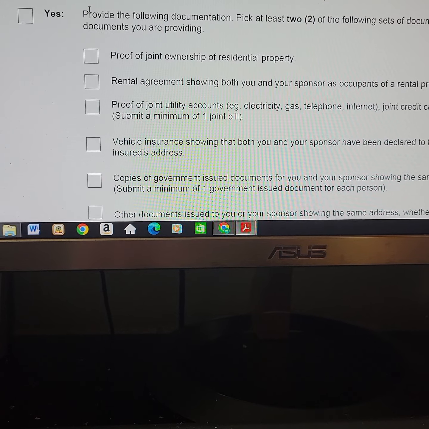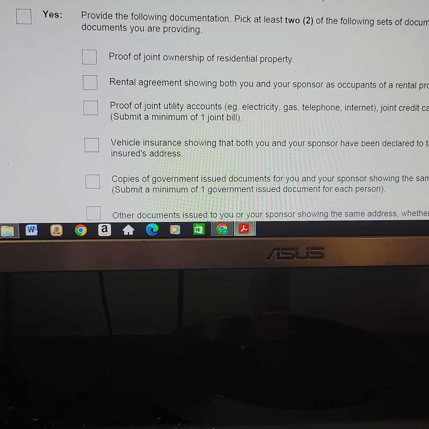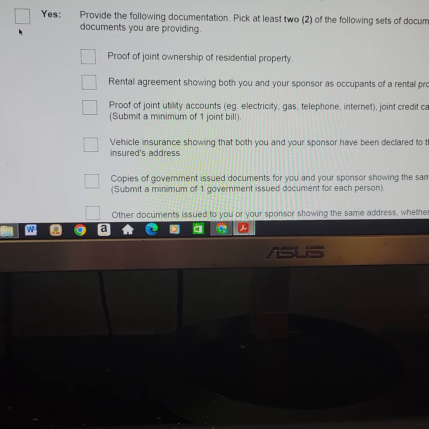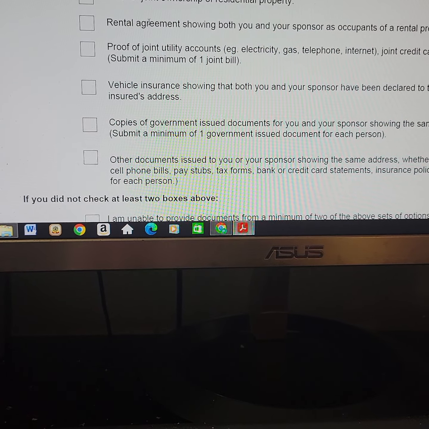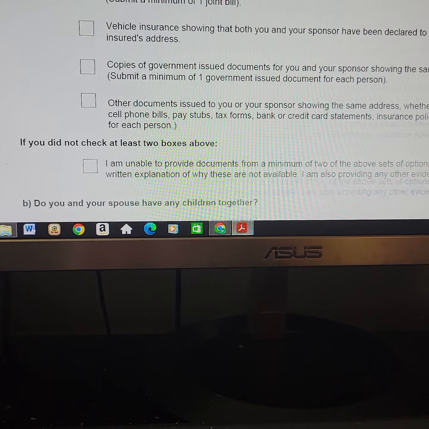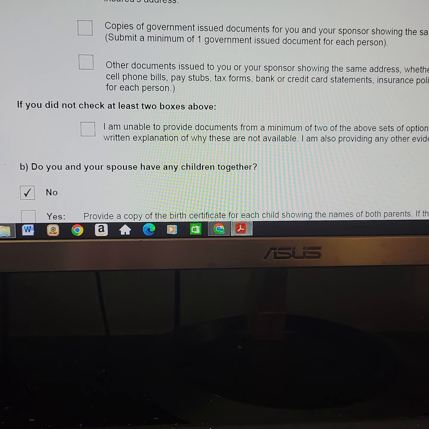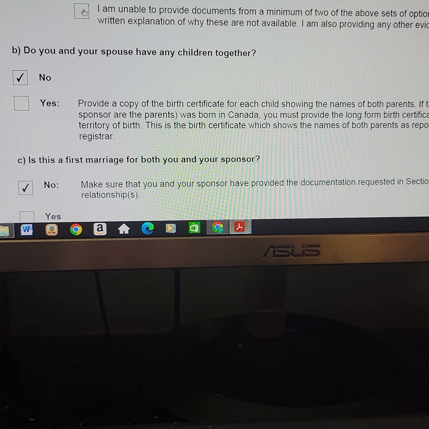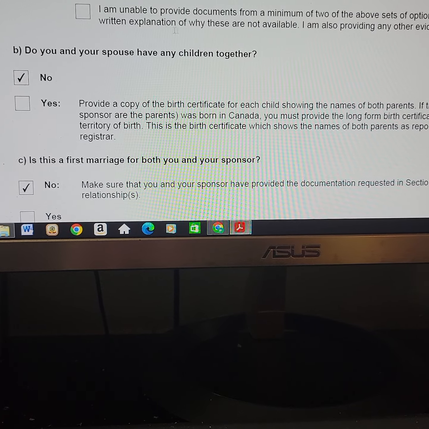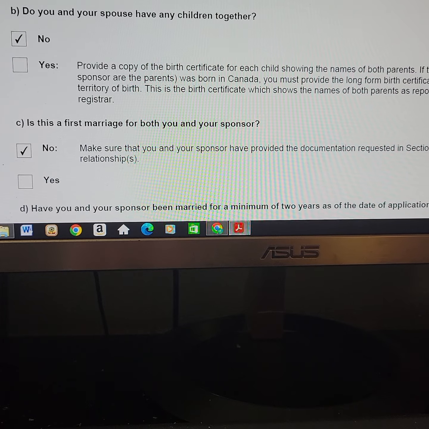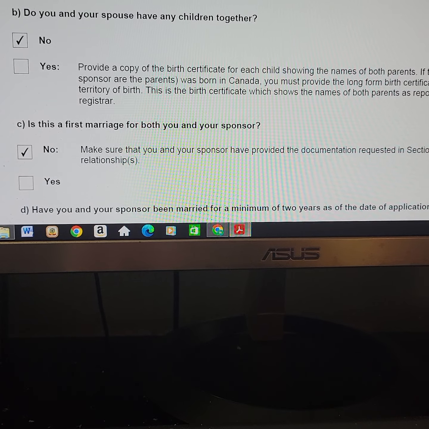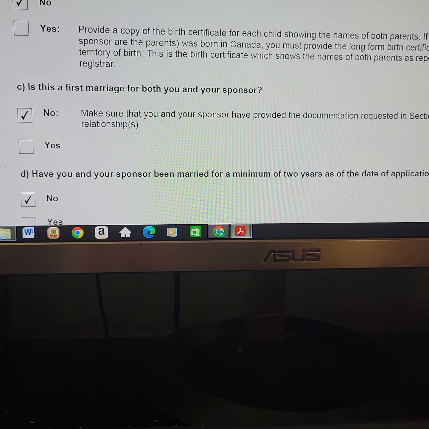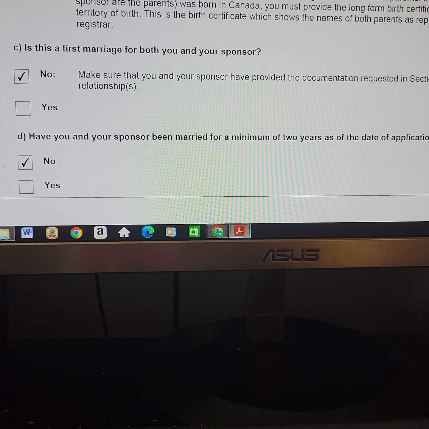Now, if you are currently living together in Canada, you will check off yes, and then give all the proof of where and how you are living together. If you did not check the last two boxes about being unable to provide documents, so again, if this is not your case, write NA below the box.